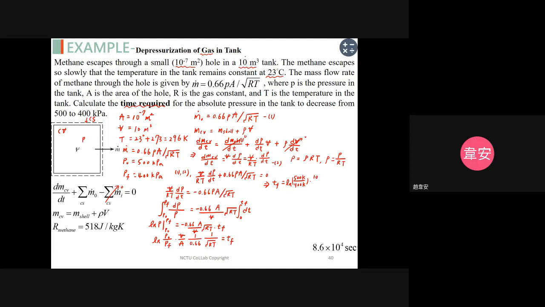The 10 is the tank volume in cubic meters. Divided by the area, which is 10 to the minus 7 square meters, and divided by the 0.66 over 1 and divided by the root. The gas constant shown here is 518, and the absolute temperature T is 296.